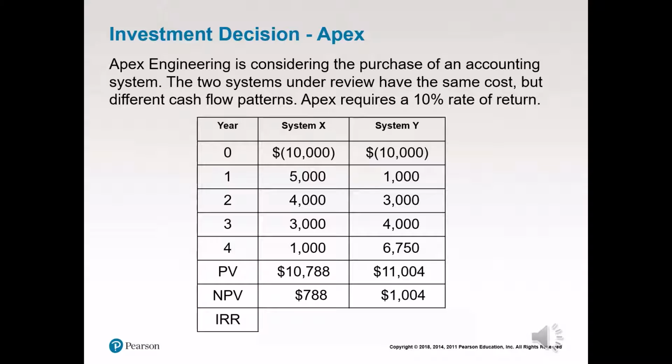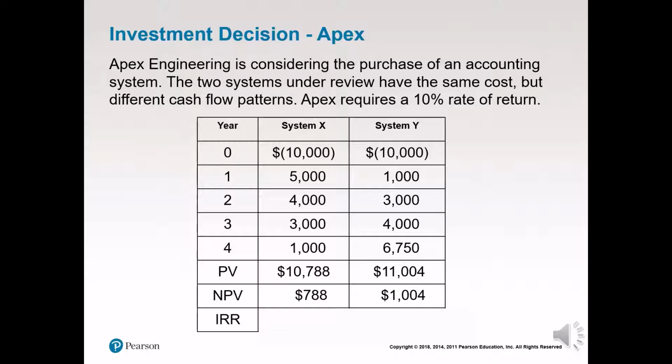So since we will accept anything above 0, we can now use the net present value to try and figure out which system will give us the better return. When we're just looking at dollar amounts, the net present value for System Y is higher at $1,004.